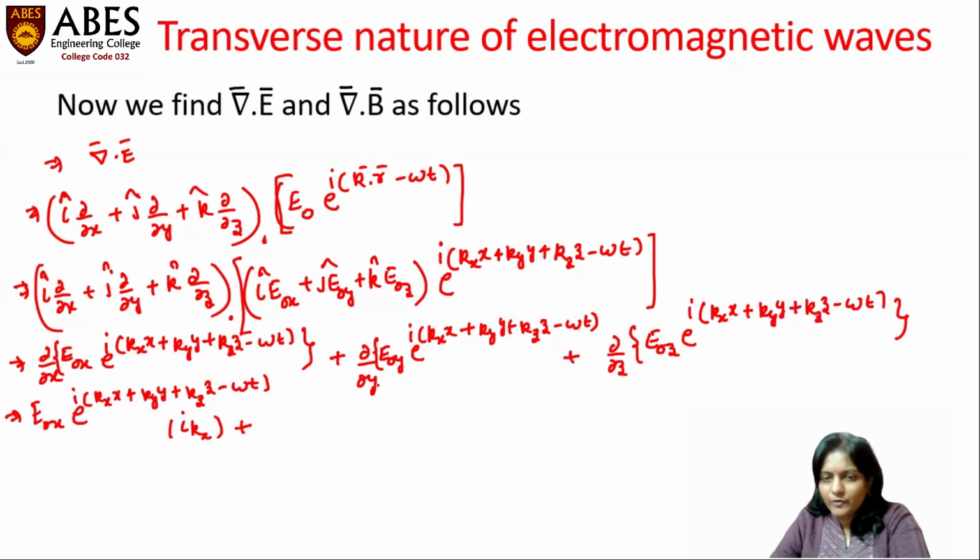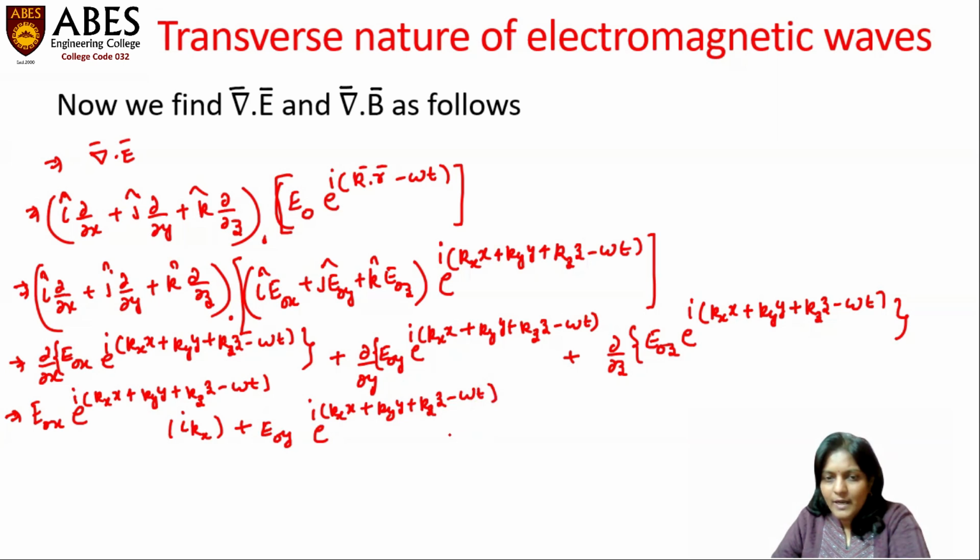Similarly, for the second term, E0y is constant. Now, it is e raised to the power i kxx, x is the same. Differentiation gives i ky times e raised to the power i(kxx plus kyy plus kzz minus omega t).